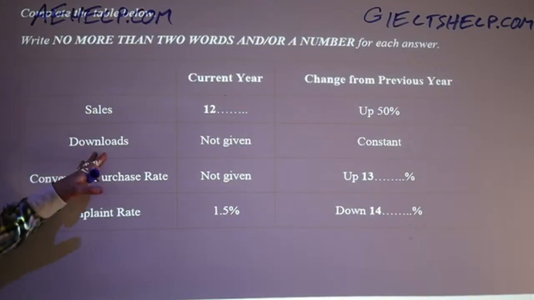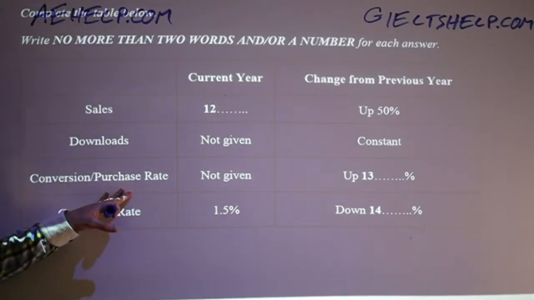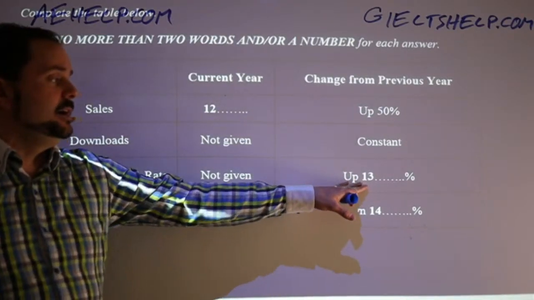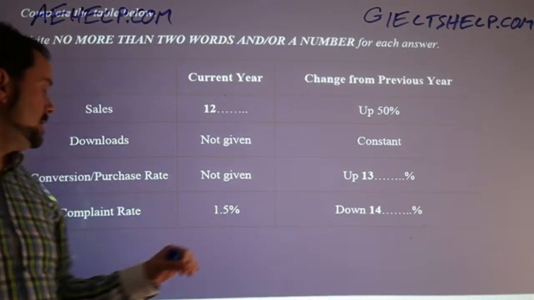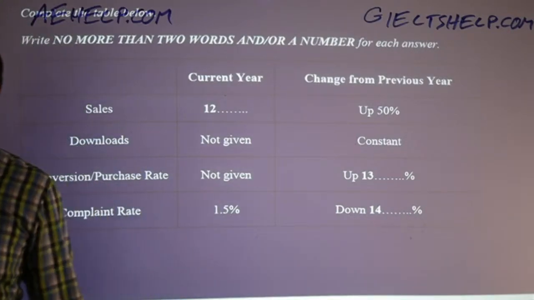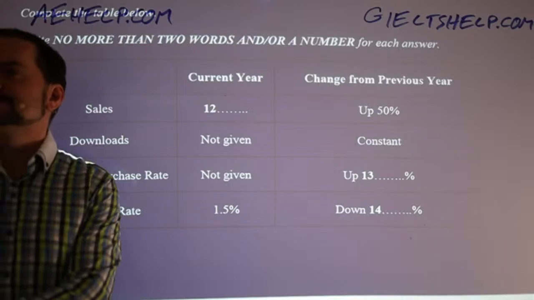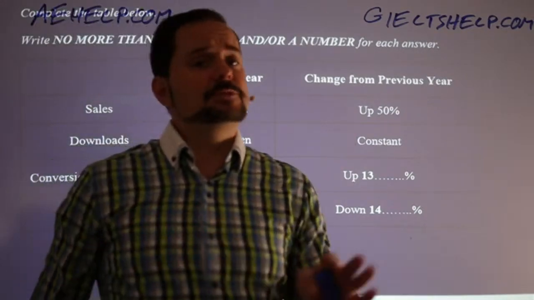All right, the downloads, they don't give it. It's constant. Conversions, the purchase rate is not given, and it's up. So they don't give the actual numbers here. The conversion or purchase rate is up by how much? Jasur, the listening speed is absolutely natural English.